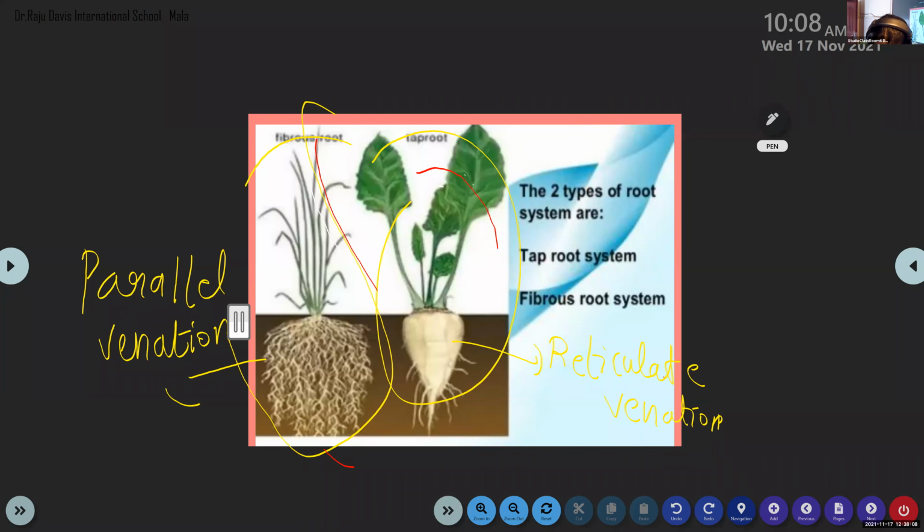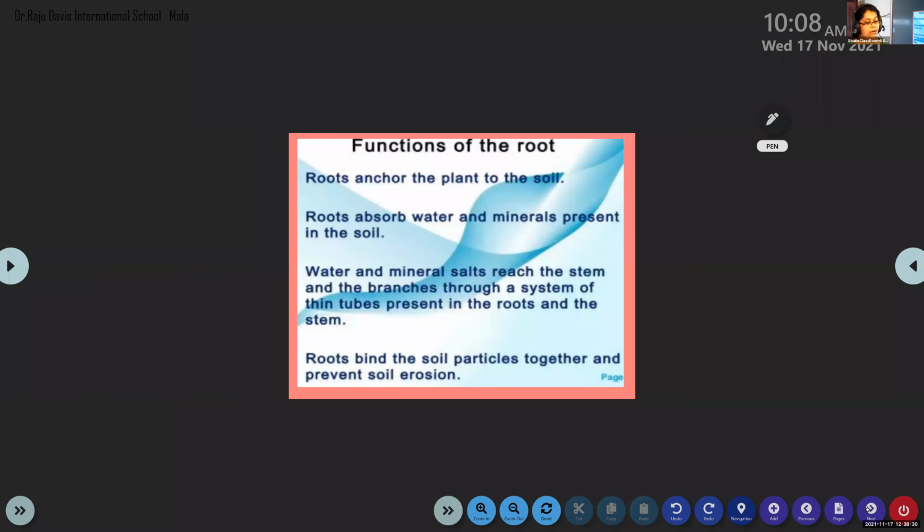Now in the same way, sometimes instead of taking water and absorbing nutrients, roots also change their structure. That is what we are moving on to next, and also the functions of the roots.